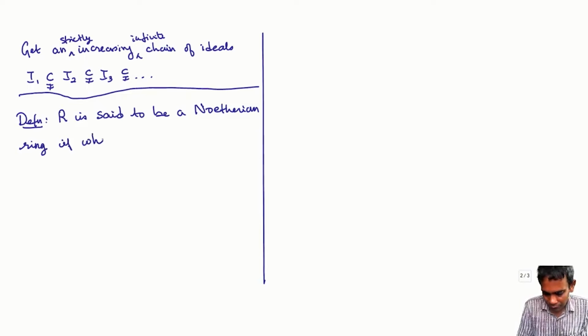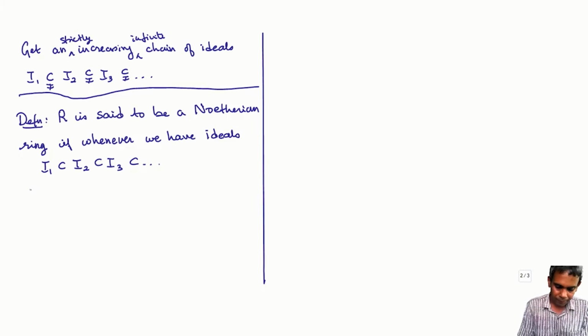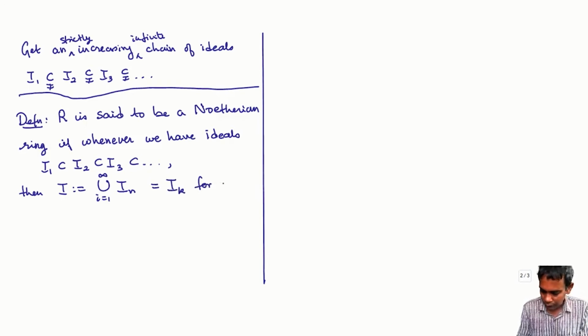Whenever we have ideals I1 contained in I2, contained in I3, then I, which I define to be the union, is equal to Ik for some k.